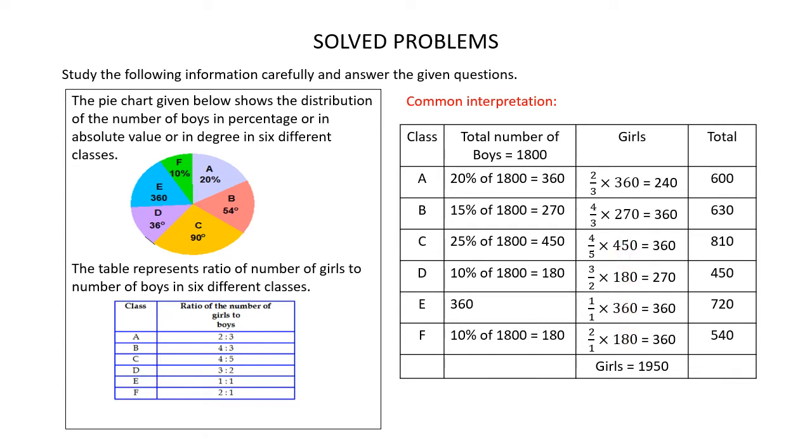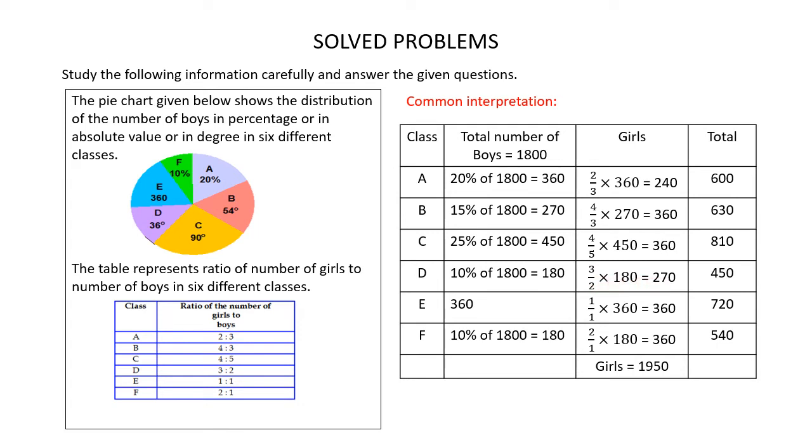For class C, the ratio is given as 4 is to 5. So the number of girls in class C is 4 divided by 5 multiplied by 450, which is 360. The ratio of girls to boys in class D is given as 3 is to 2. So the number of girls in class D is 3 divided by 2 multiplied by 180, which is 270.